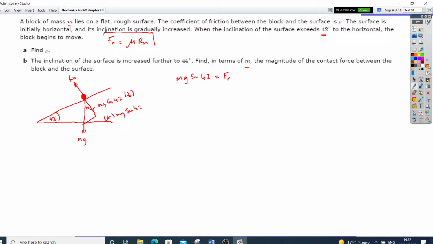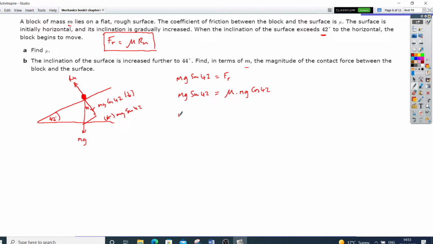That's when it's at its limiting equilibrium, it's maximum. So in this case we have mg sin 42 equals mu times mg cos 42. We want to find mu, so we divide through.